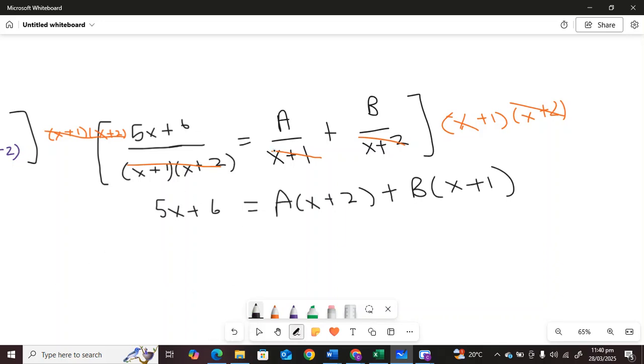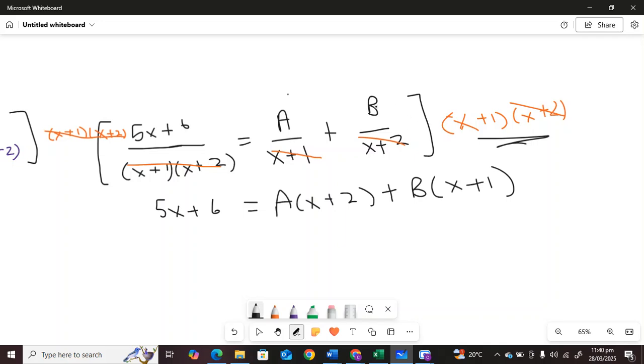Any questions, colleagues? Are we okay with how we've got a times x plus 2, b times x plus 1? We've multiplied both of these fractions with this x plus 1, x plus 2. When we multiply a over x plus 1 times this expression, the x plus 1's cancel, so you remain with a times x plus 2.